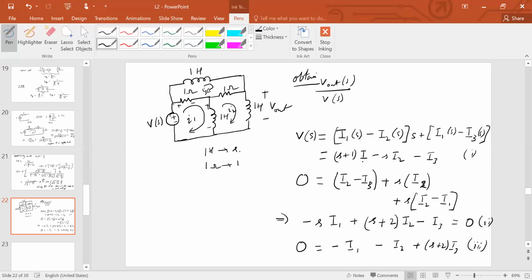So S plus 1 becomes the coefficient of, sorry, that's I1. Okay, you observe in the second loop, it's I2. So the overall series impedance in loop 2 is 2S plus 1. Okay, I think I messed this up. Yeah, I have messed this up because I had initially not done this. Yeah, sorry.